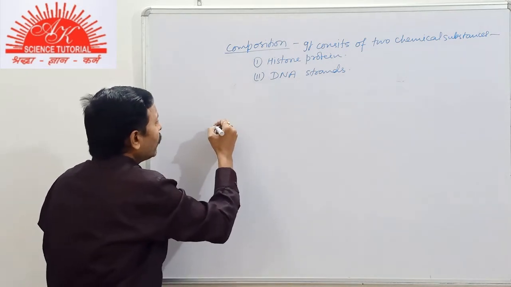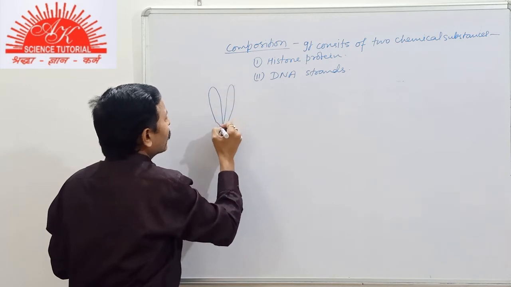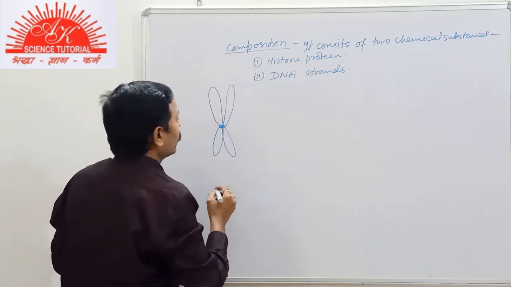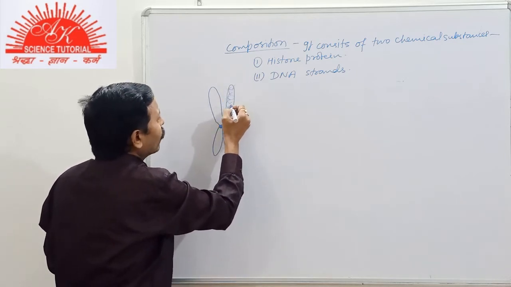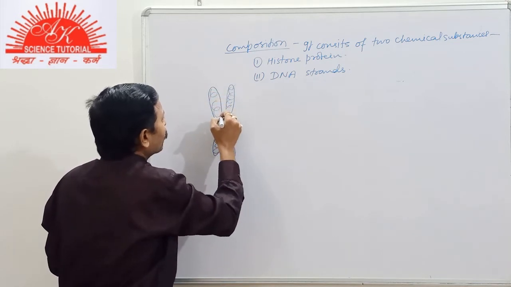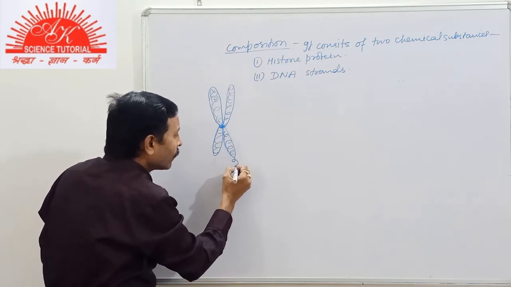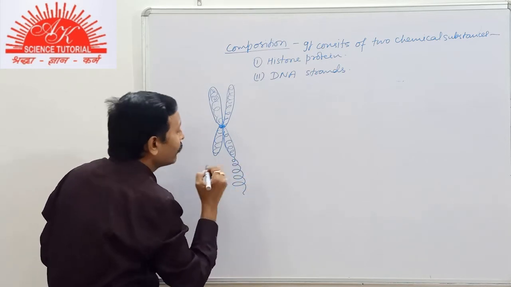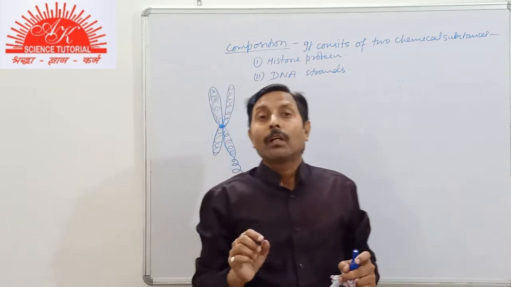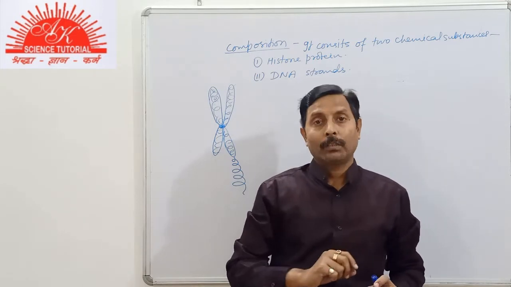Now, if we draw the condensed structure of a chromosome, as you know, it is a highly coiled structure. If this is unraveled, you will find that it is similar to the wire of the receiver of a telephone.